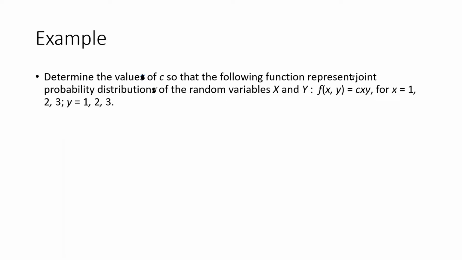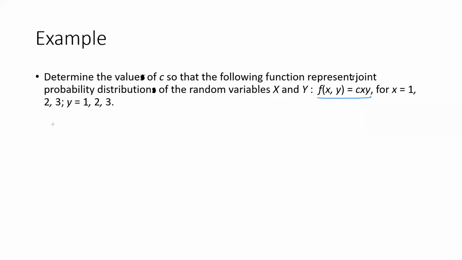It's from a problem which has several smaller problems, that's why you have all these values and distributions. Anyway, we have this joint PMF f(x,y) equals cxy, and x takes values 1, 2, 3, y takes values 1, 2, 3.